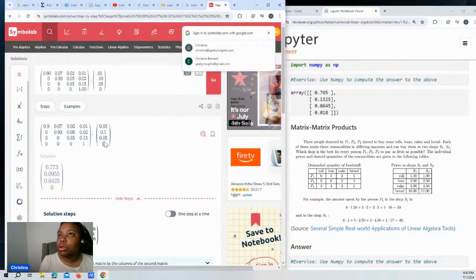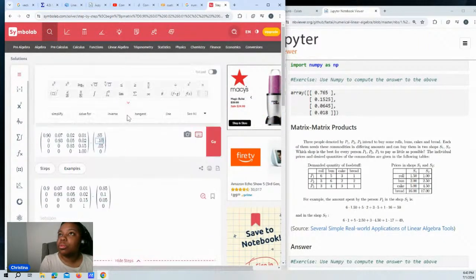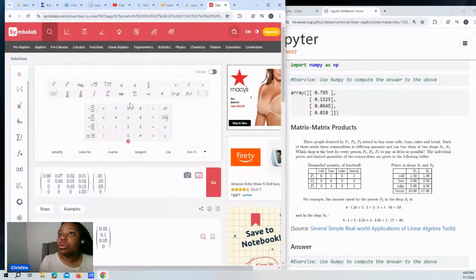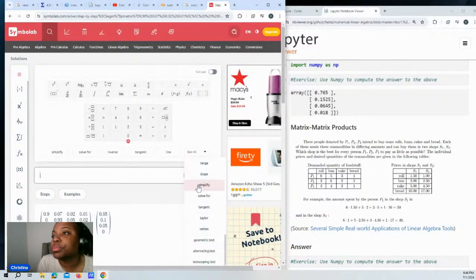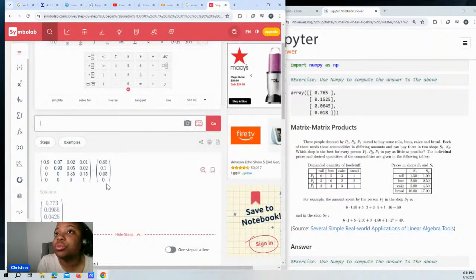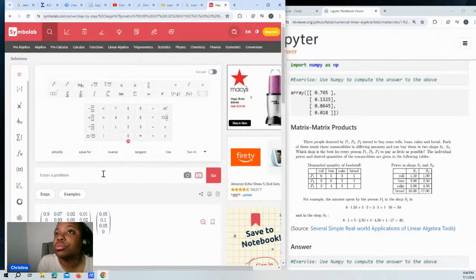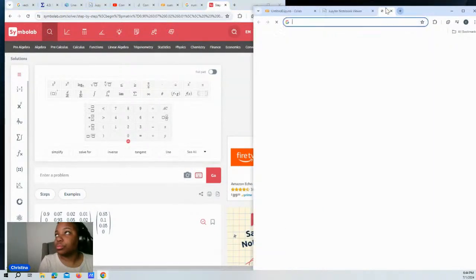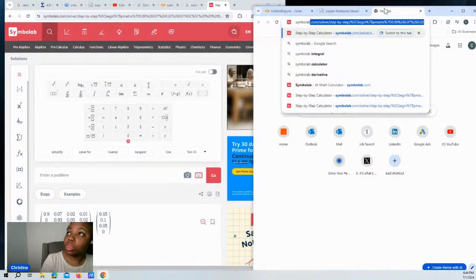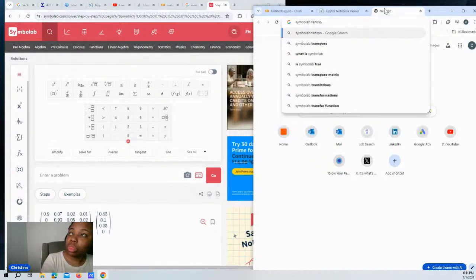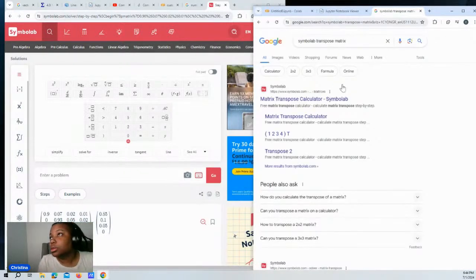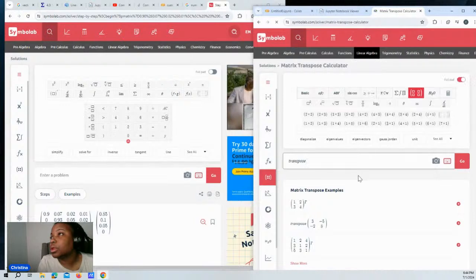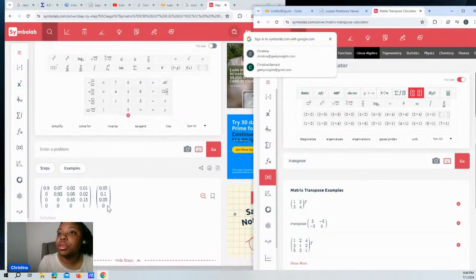No. I don't even get an option for transpose. Okay, so we put transpose at the beginning.